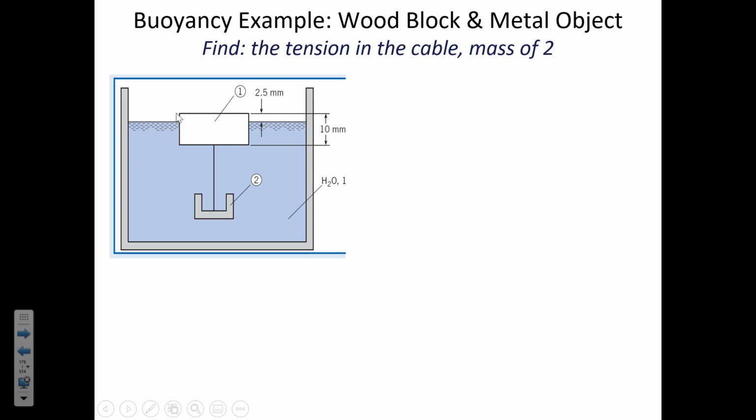We have a floating wooden block at the top, and so it has relatively low density, and that's why it's floating up above. Component 1 is less dense than water. And then beneath the water, this object 2 is made out of metal. So it has a greater density than water, so it's sinking downward, but they're connected by a cable.